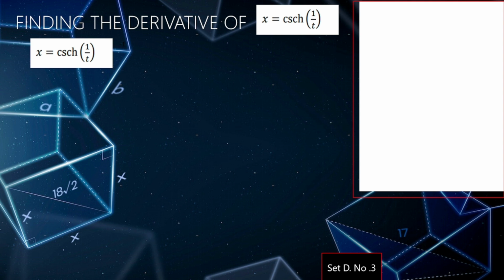Find the derivative of x is equal to hyperbolic cosecant of 1 over t. We will use the derivative of hyperbolic functions, where the derivative of hyperbolic cosecant u is equal to negative hyperbolic cosecant u times hyperbolic cotangent u times the derivative of u.